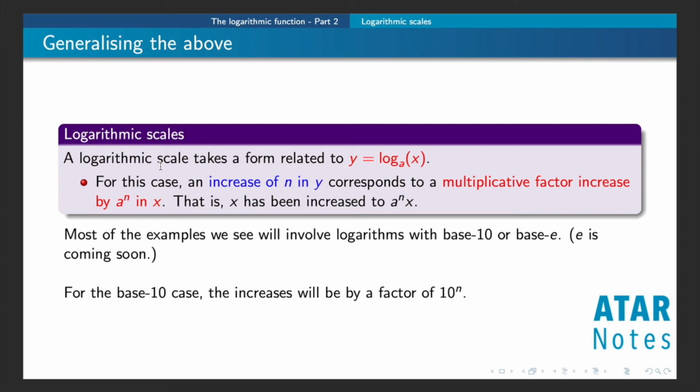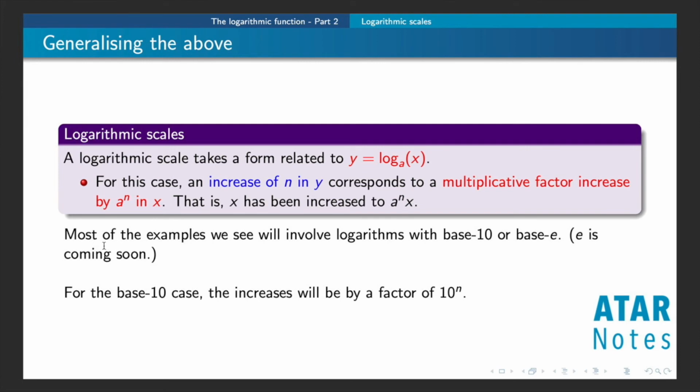So, for example, if you started with y equals 3, and then you turn that to y equals 6, so you increase it by 3, then if your original value of x was, say, 2, your new value of x will actually be a to the power of 3 times 2, i.e. 2a cubed. So you really have to write this out to understand it. Just saying it is not going to be enough. You really need to write it down and think about why this kind of thing works as it does.